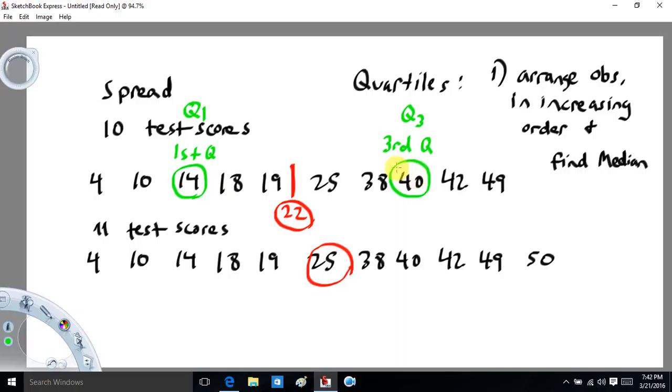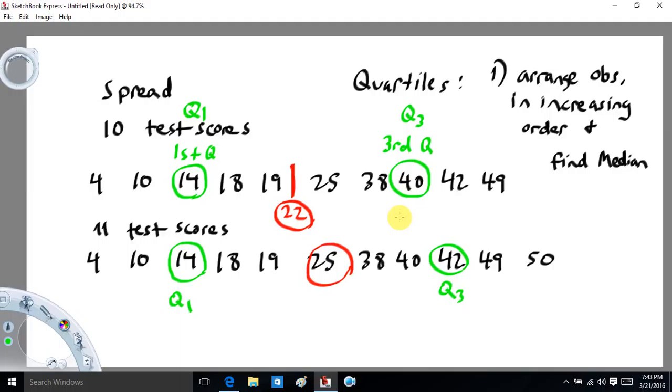Now if we have an odd number of observations, we have 1, 2, 3, 4, 5. So the first quartile is going to be right here, and then the third quartile is right here. That's the median of these right here.